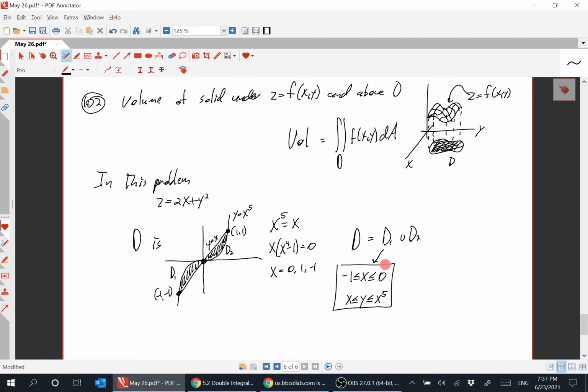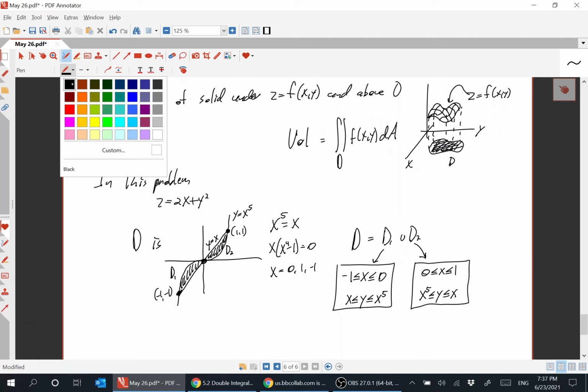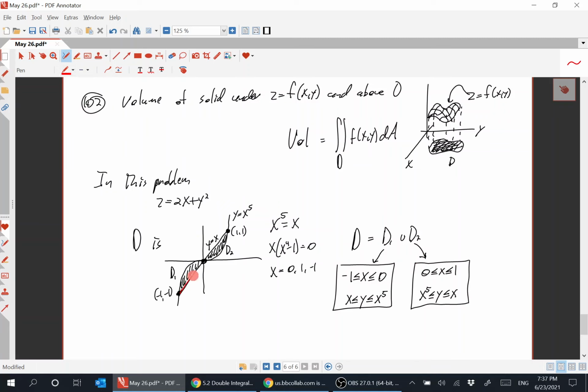And then domain 2 is 0 less than or equal to x less than or equal to 1, x to the fifth less than or equal to y less than or equal to x. Because the line is above the curve over here, and the line is below the curve over here.